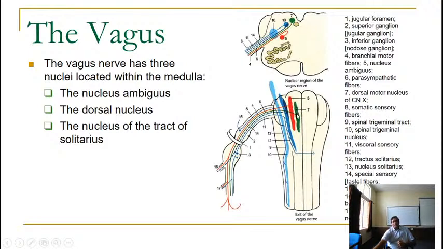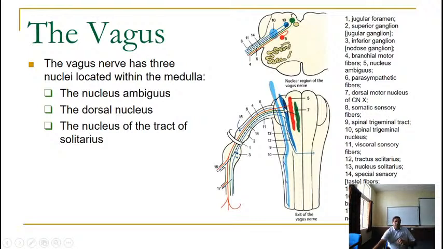The parasympathetic fibers go to various organs, supplying the smooth muscles of the bronchi, the larynx, the esophagus, the heart, the stomach, and the small intestine, sometimes spreading up to part of the large intestine also. So that is the dorsal nucleus, the parasympathetic fibers.